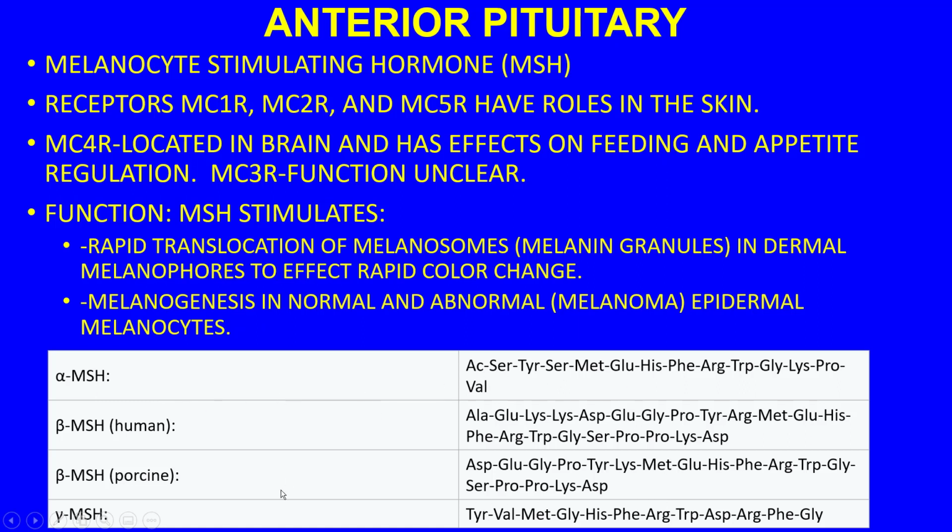Really, these alpha, beta, and gamma are really human. They just had this comparison with porcine. But what you can see is there are different lengths for each of the different types, and that corresponds to the post-translational modification that occurs with POMC.